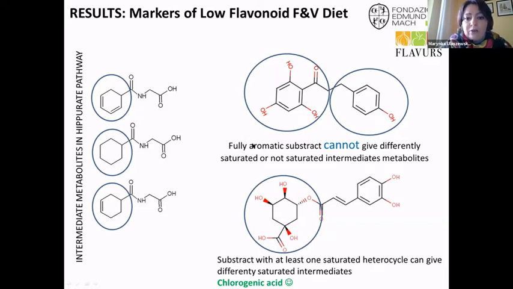If I deal with fully aromatic substrates, it's very hard to obtain, after metabolism, differently saturated or unsaturated intermediate metabolites. But on the other hand, if I have at least one saturated heterocycle in the molecule, I may be able to find, after human metabolism, differently saturated intermediates.